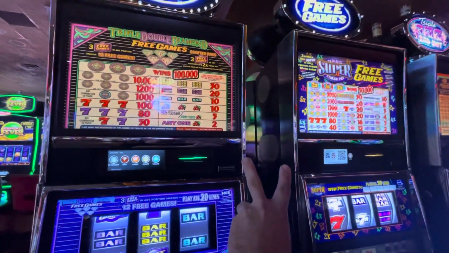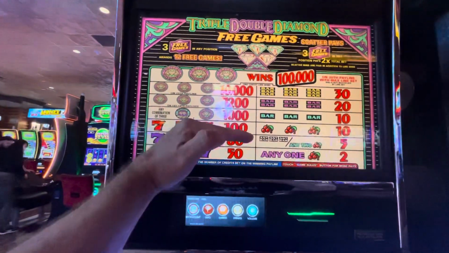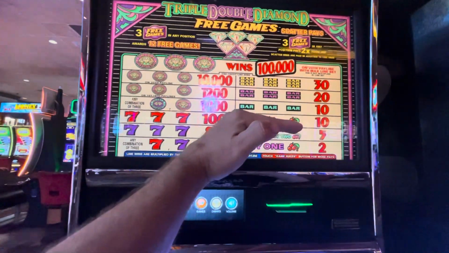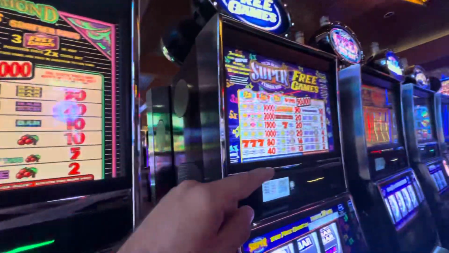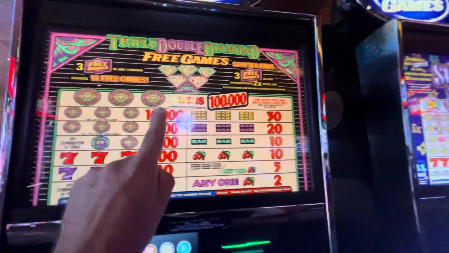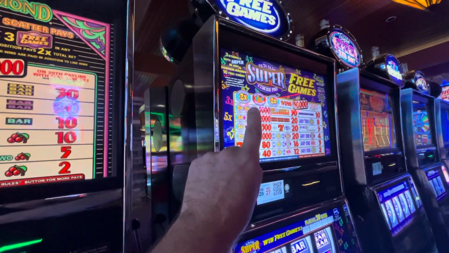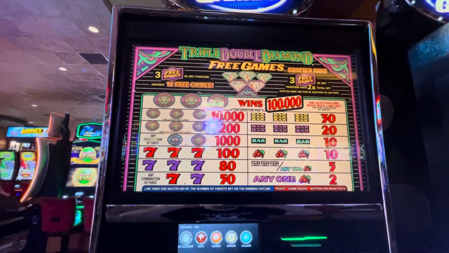Assuming that the payback percentage of these two machines are the same, there's going to be half as many low end payouts on this machine as there are on this machine because they have to pay out twice as much for these higher payouts on the top end of this pay structure.